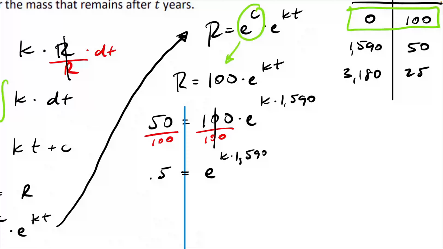How do I get k down to the ground? The L trick. To use the L trick, you have to have the exponent on the left side. So just move it over to the left.